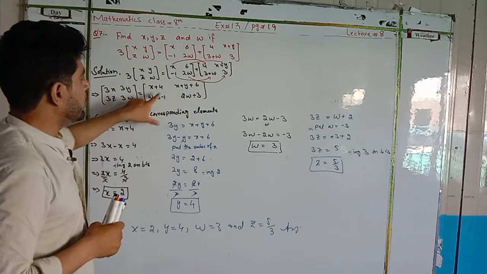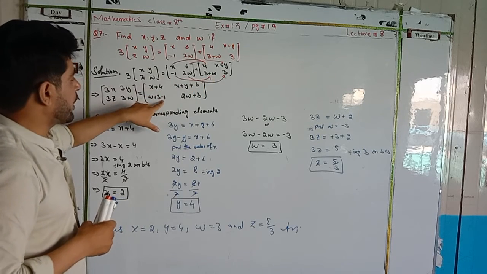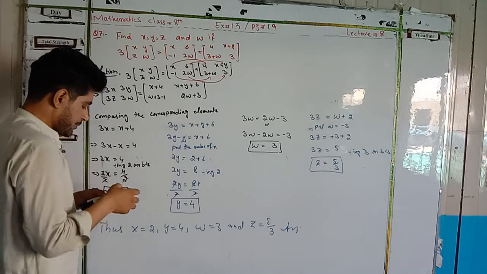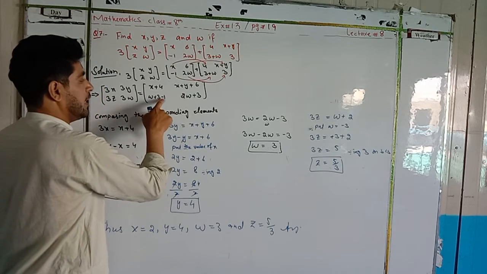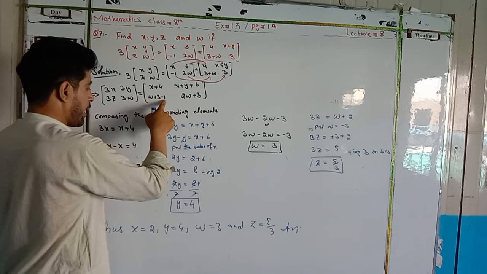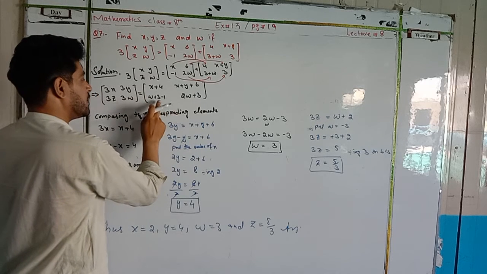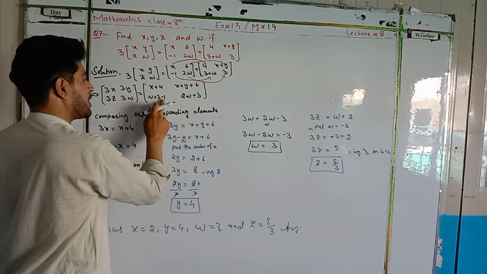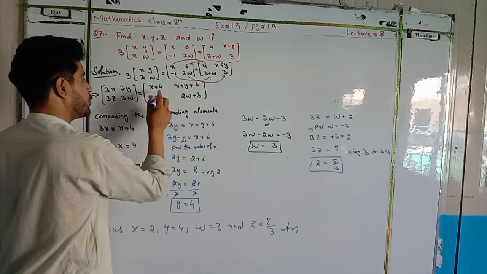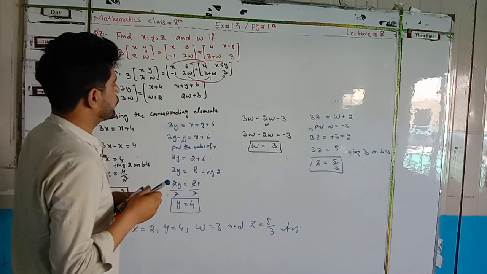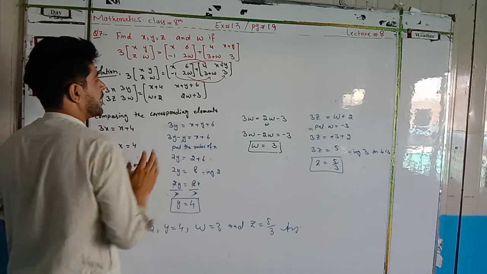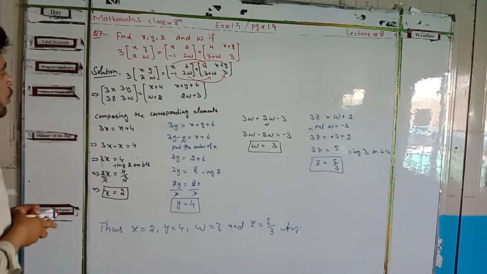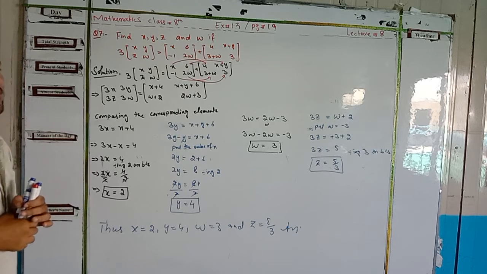You write the variable first and then the constant, in arranging form. So w plus 3 minus 1 becomes w plus 2. Now we compare the corresponding elements.